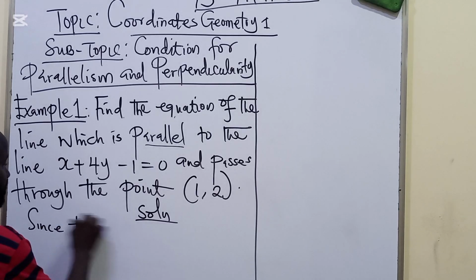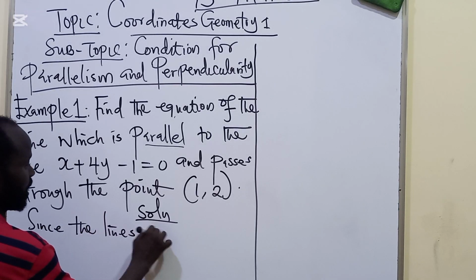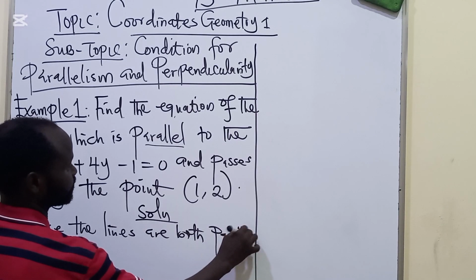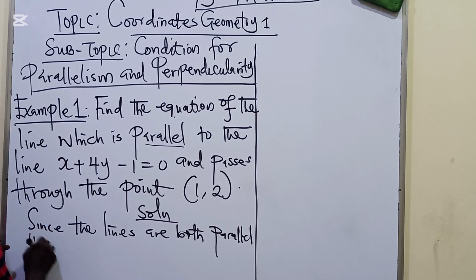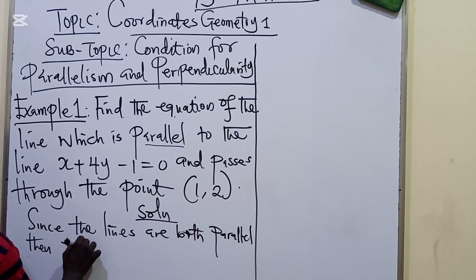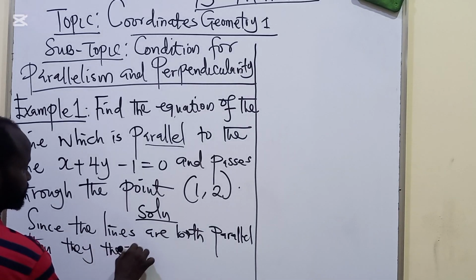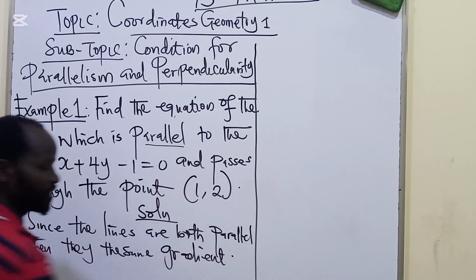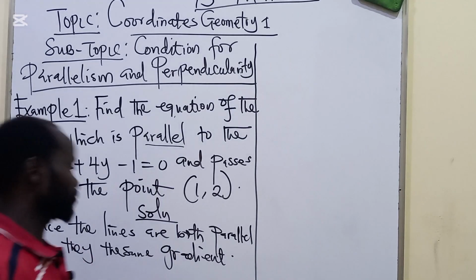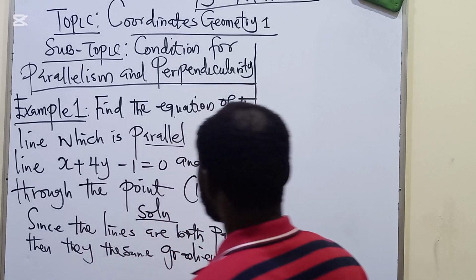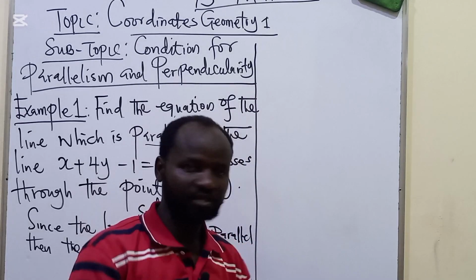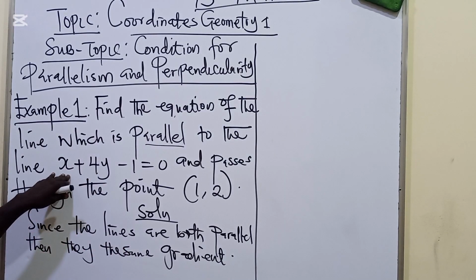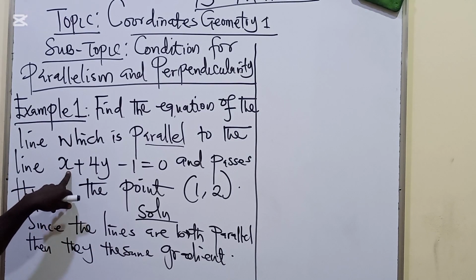Since the lines are both parallel, they have the same gradient. So when two lines are parallel, they have the same slope. Very important. We have to recall the intercept form so that we can write this equation.